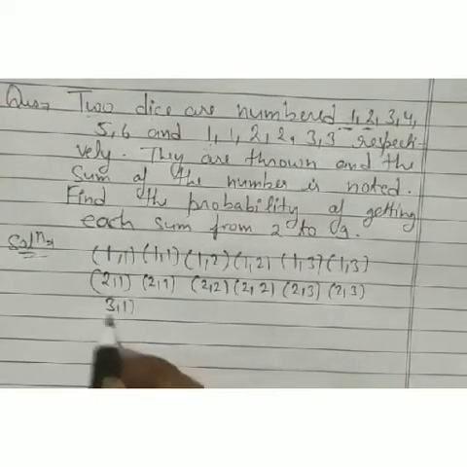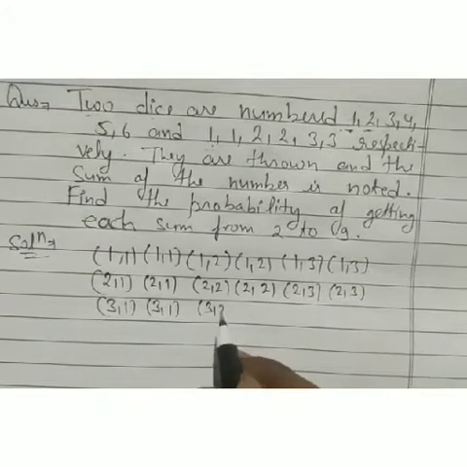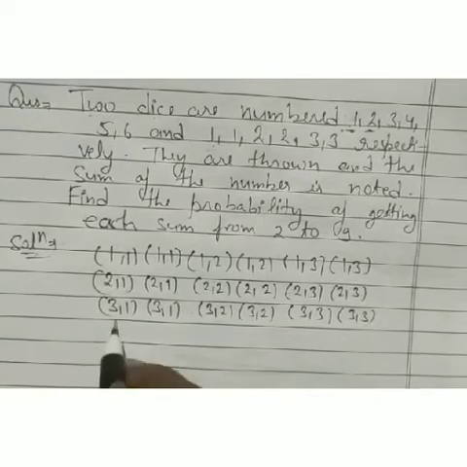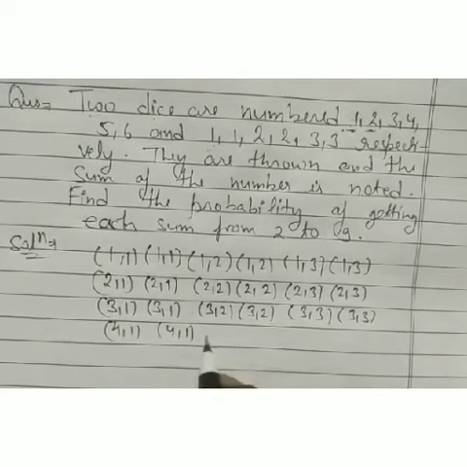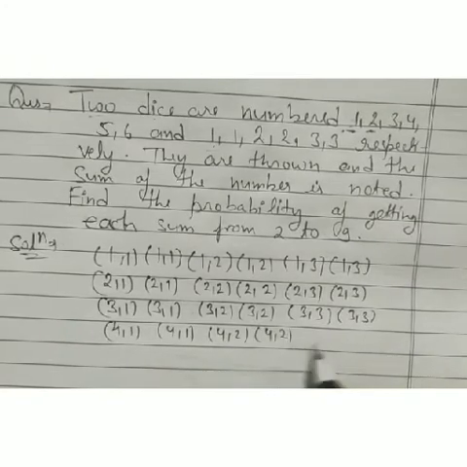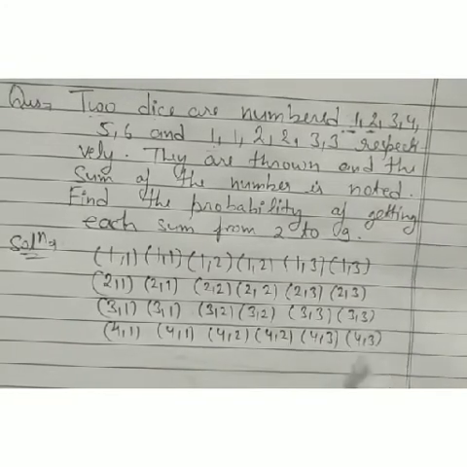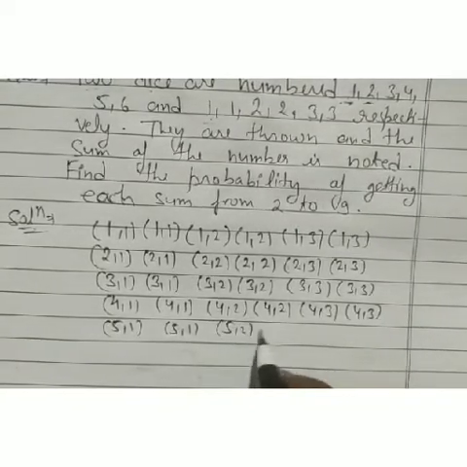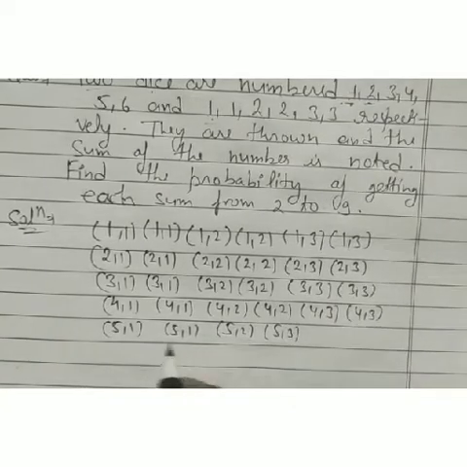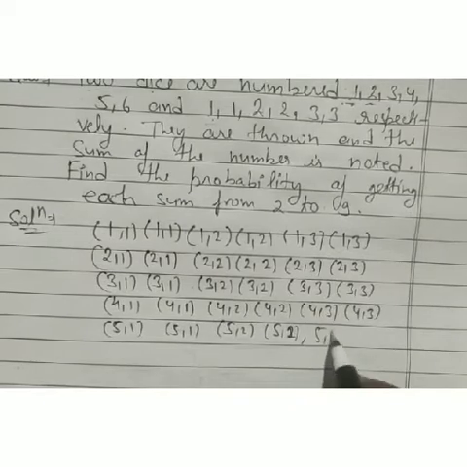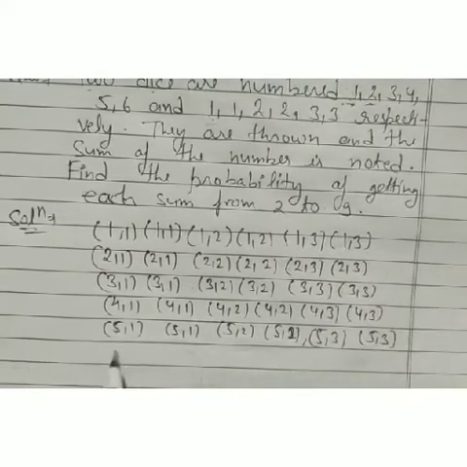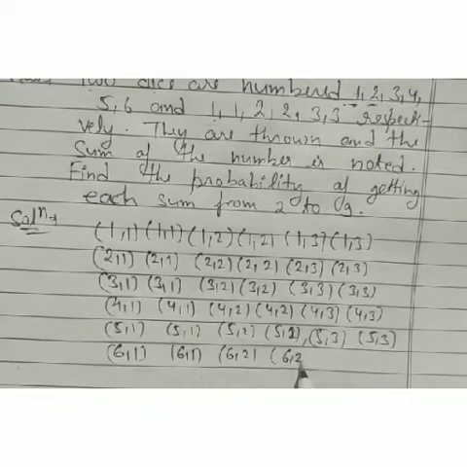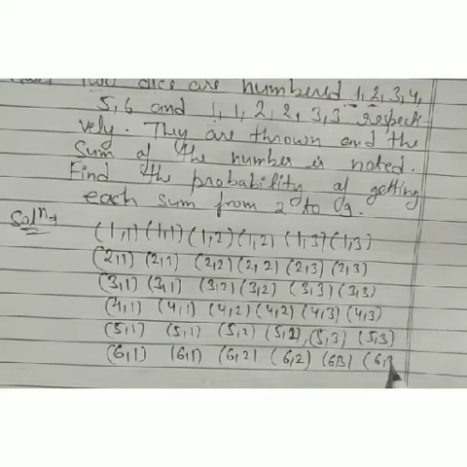Then take 3: 3 1, 3 1, 3 2, 3 2, 3 3, 3 3. Then 4: 4 1, 4 1, 4 2, 4 2, 4 3, 4 3. Next 5: 5 1, 5 1, 5 2, 5 2, 5 3, 5 3. And the last, take 6: 6 1, 6 1, 6 2, 6 2, 6 3, 6 3.